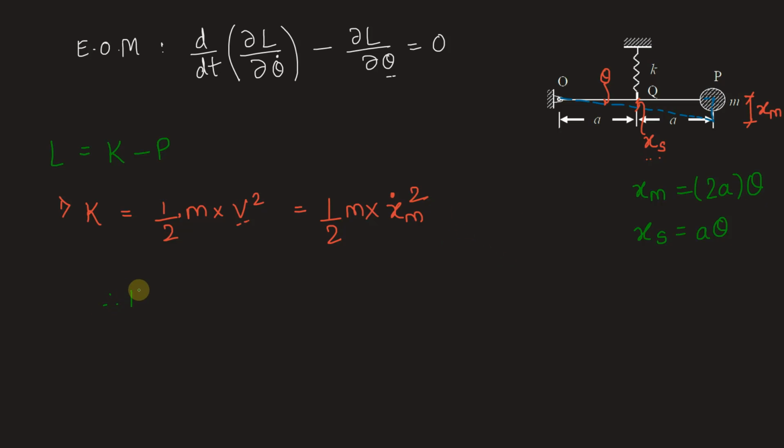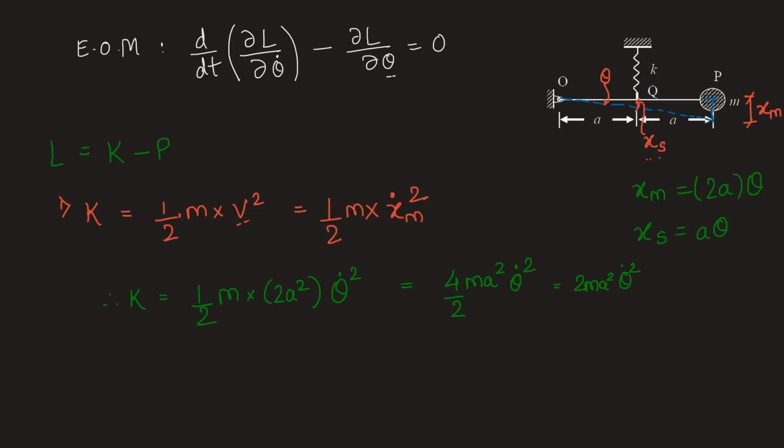Hence we can write the kinetic energy as half into mass into xm dot squared, that is half m into (2a theta dot) squared. So this can be written as 4ma squared by 2 into theta dot squared, which is 2ma² theta dot squared.